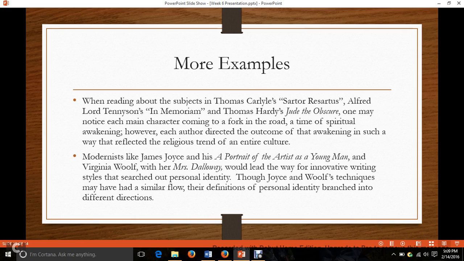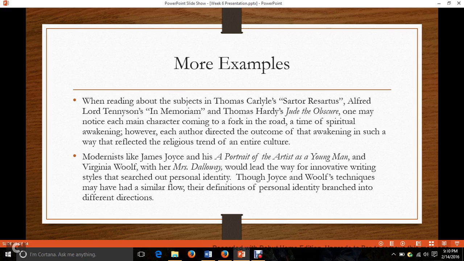The next one. When reading about the subjects in Thomas Carlyle's Sartor Resartus, Alfred Lord Tennyson's In Memoriam, and Thomas Hardy's Jude the Obscure, one may notice each main character coming to a fork in a road, a time of spiritual awakening. However, each author directed the outcome of that awakening in such a way that reflects the religious trend of an entire culture.